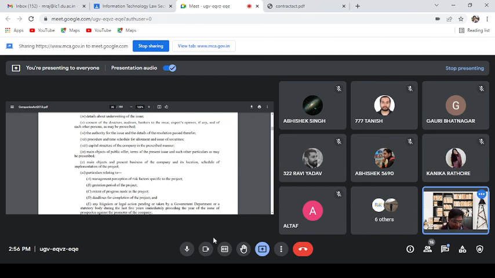Subsection 4. No prospectus shall be issued by or on behalf of a company or in relation to an intended company unless on or before the date of its publication there has been delivered to the registrar for filing a copy thereof signed by every person who is named therein as a director or proposed director of the company or by his duly authorized attorney.